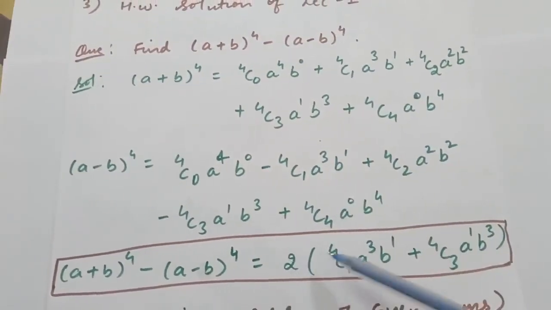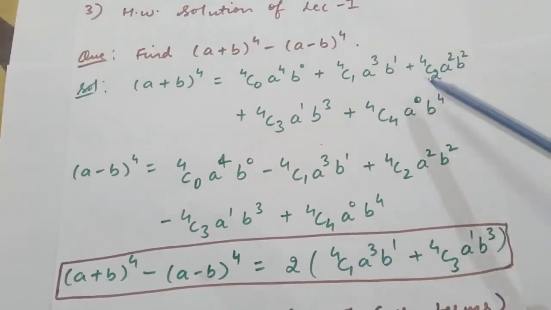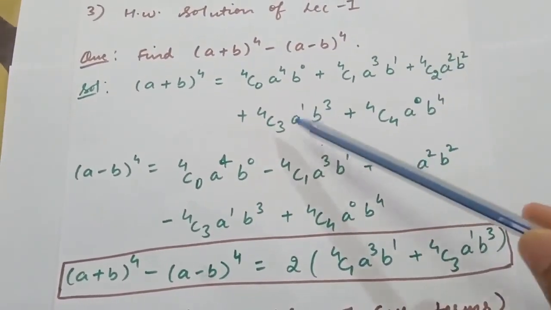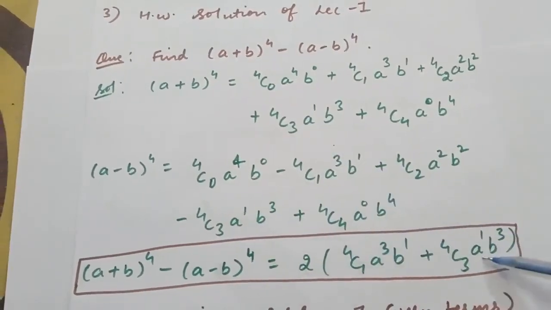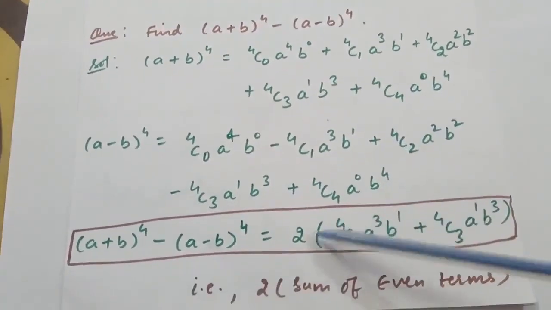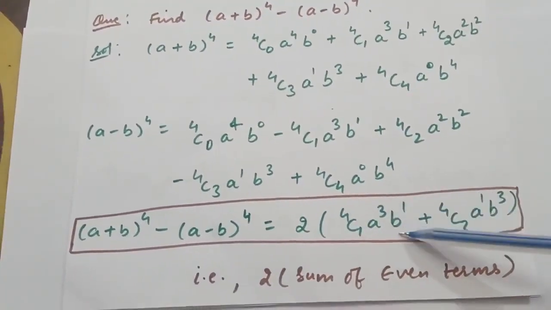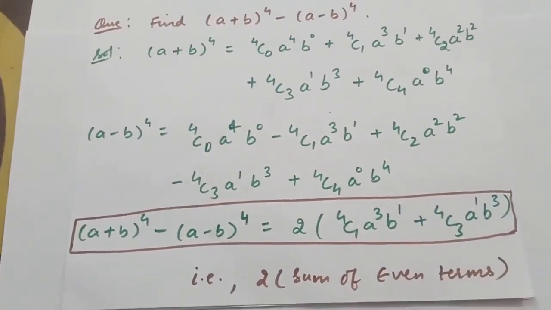So we will get twice of 4C1 a^3 b. Similarly, this term will get cancelled. Now here it is plus, this is minus, so we will get twice of this term. Also this term will get cancelled. So you will get twice of (4C1 a^3 b + 4C3 a b^3).